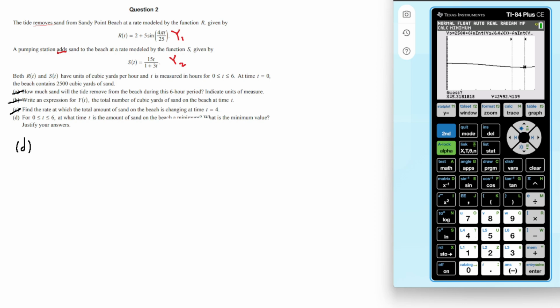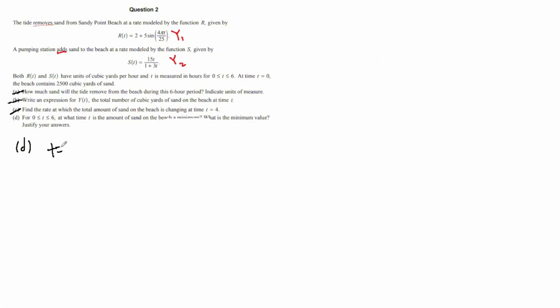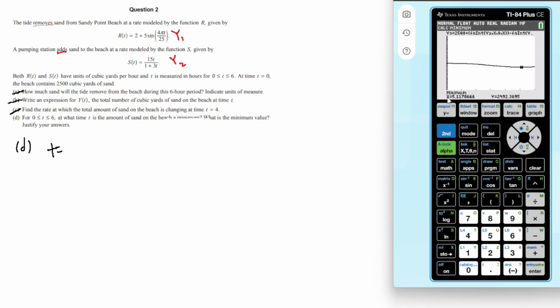It's going to think for a second, and then it tells us that we have a minimum at t, or in this case x, but for the sake of the problem, t equals 5.118.